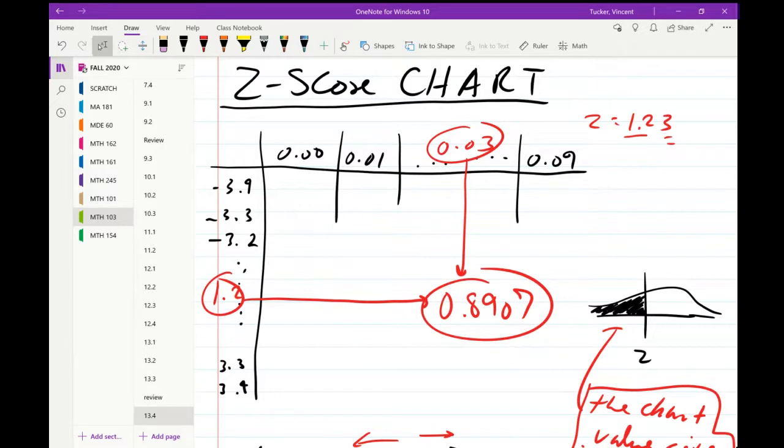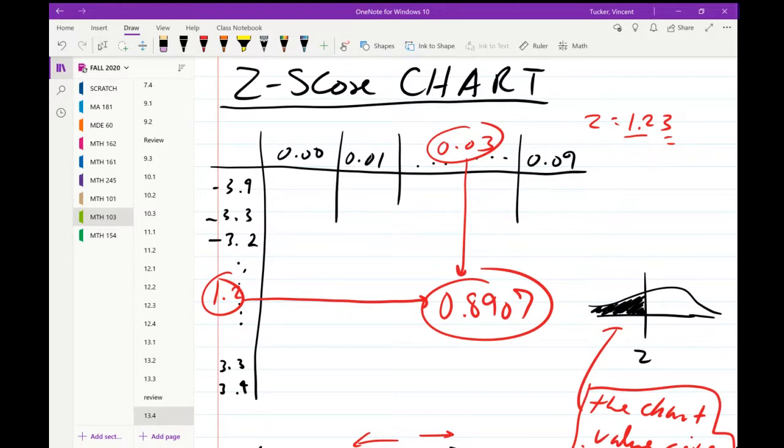To me, the one in the book is a little more involved and a little harder to read versus the one that I want to give you. You still can use the one in the book; it'll still give you the same answers. This one is just a little easier. If you look up z-score charts, all of them aren't set up the same, even if you were to Google them. So I'm going to show you how to read this one.